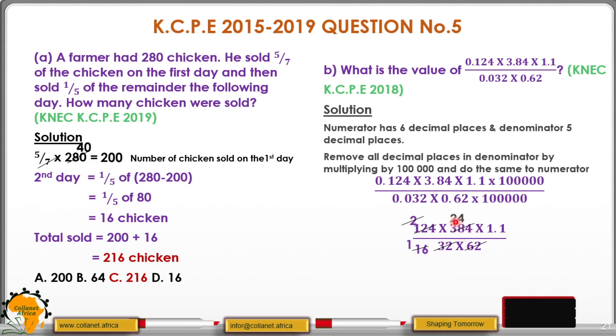So it is 24 multiplied by 1.1, and you get 26.4. So that is the correct answer. Remember, what you do down here should be done up there. It is preferable to move the decimal places according to the number of decimal places and the number of zeros.